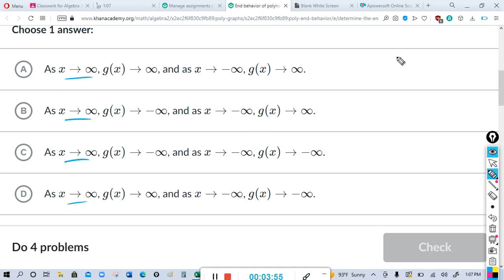Remember, the y-axis is up, down, the x-axis is left, right. So as x goes to infinity, they ask what happens to the graph as it goes that way. For the second part, they say x goes to negative infinity, so they want to know what happens to the graph when you go that way.